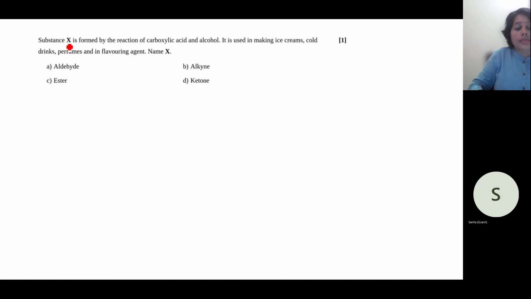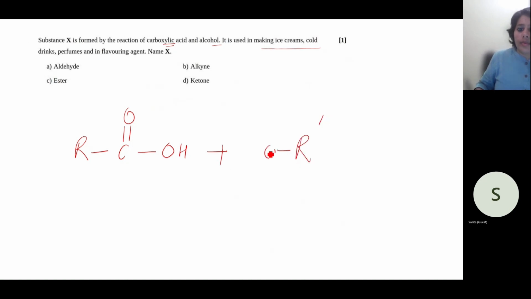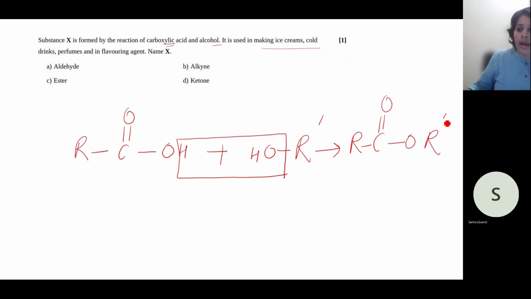Next question. Substance X is formed by the reaction of a carboxylic acid and an alcohol. It is used in making ice creams, cold drinks, perfumes, and as a flavoring agent. Name X. Just now I told you that whenever a carboxylic acid reacts with an alcohol, water is removed and we get an ester, RCOOR'.